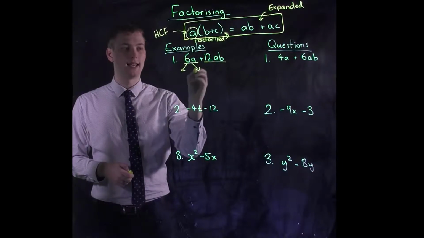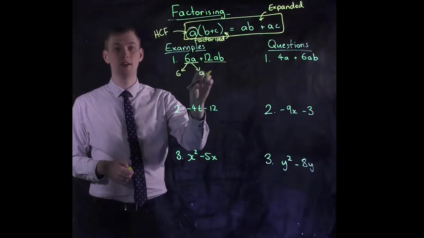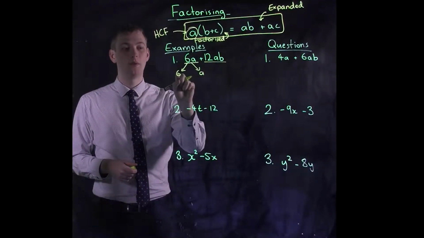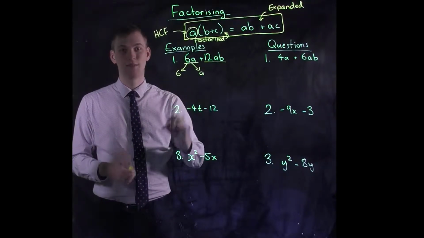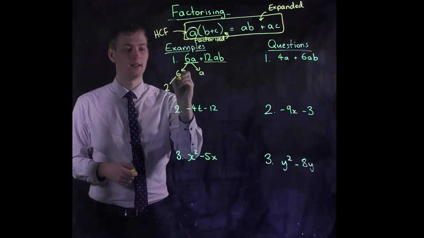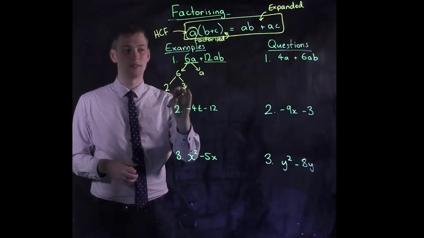We have 6a and 12ab, and I'm going to just separate our algebraic variables and our coefficient. So we've got 6 and we have a. Now we want to divide 6 down and get all of its factors until we come to just prime factors. And we do that by going to 2 and to 3. Now 2 and 3 can't divide any further, so we know we've gotten to the bottom.